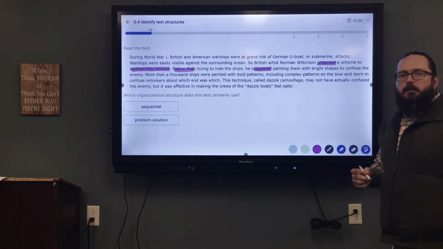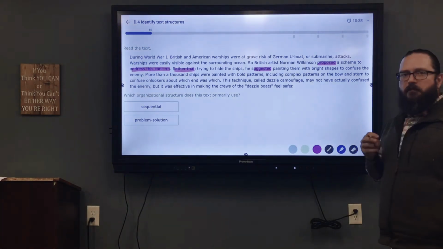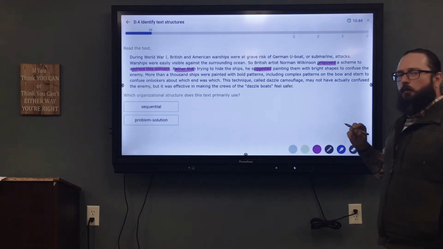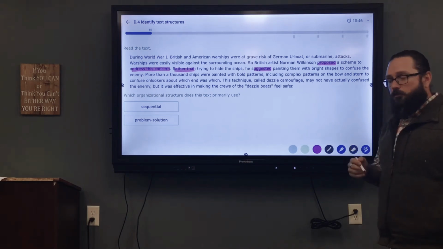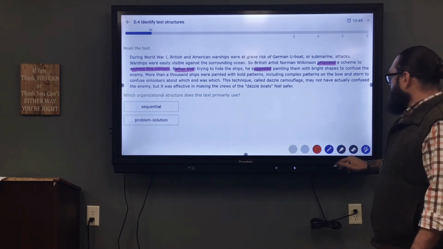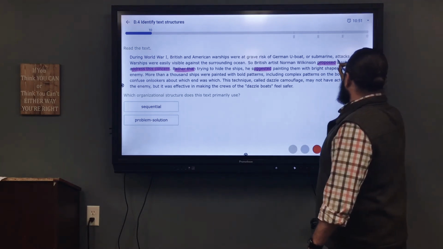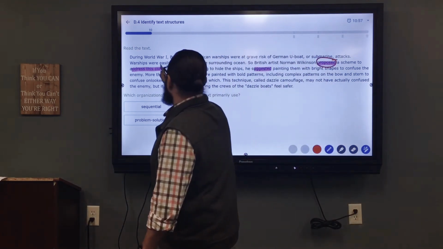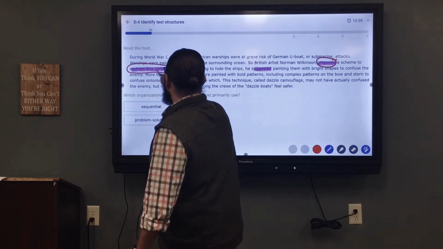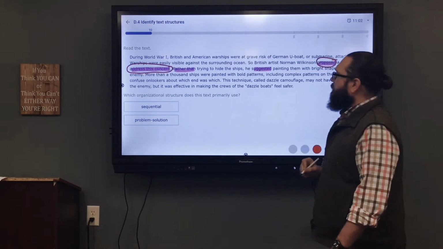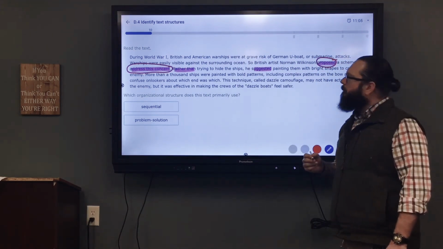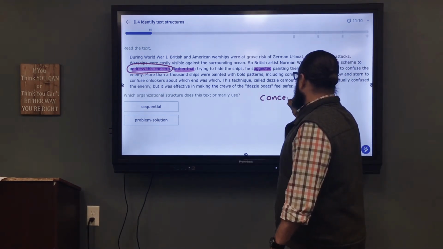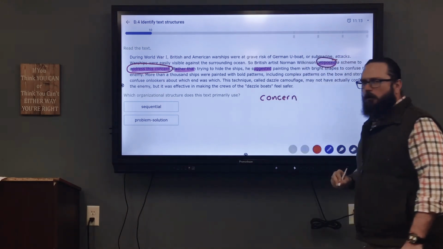One word and one phrase in this passage sticks out to clue us in whether this is a sequential or problem solution structure. Take a look at the word proposed and the phrase address this concern. Let's think for a moment. What does the word concern refer to?